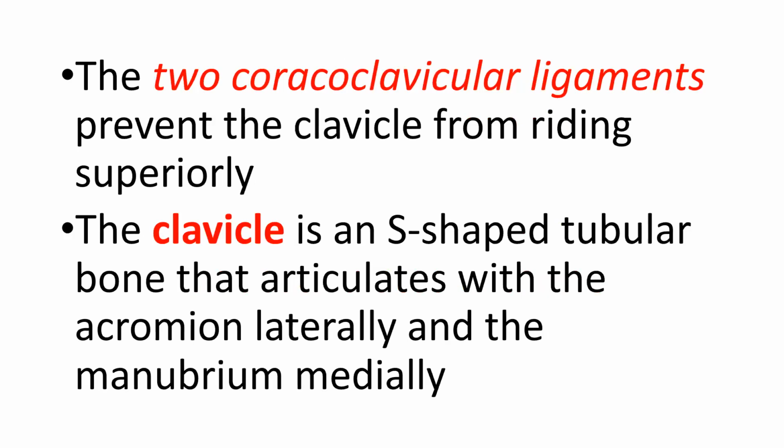The two coracoclavicular ligaments, the trapezoid and conoid, prevent the clavicle from riding superiorly. The clavicle is an S-shaped tubular bone that articulates with two joints, the sternoclavicular medially and the acromioclavicular laterally.